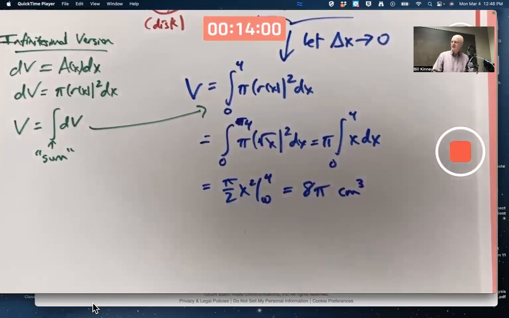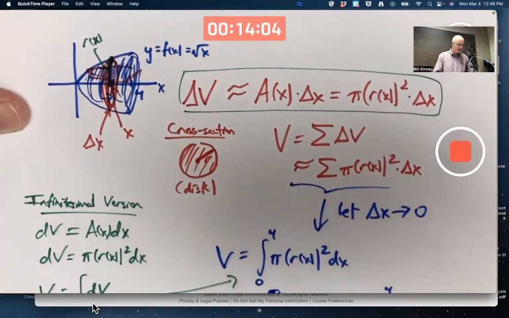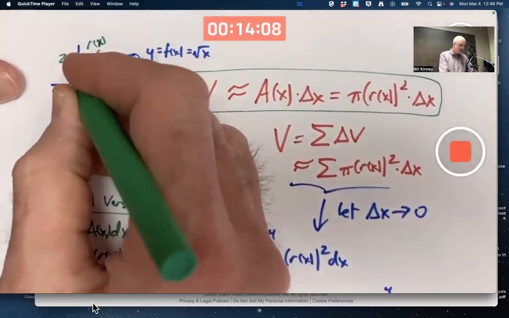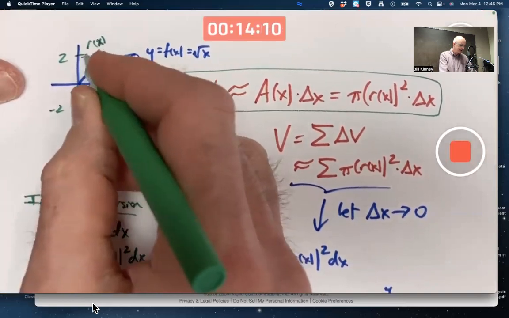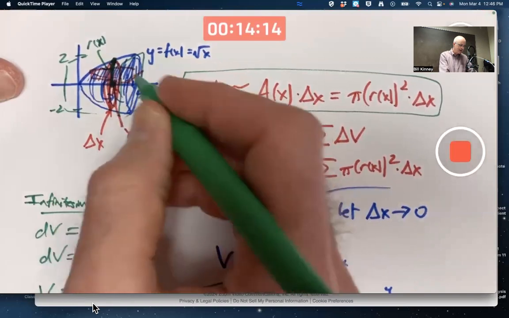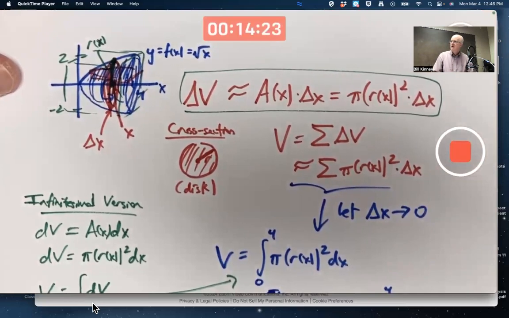Is this a reasonable answer? Something close to 25? Well, if you put this in a 3D box, which I'm not trying to draw here, of side lengths 4, 4, and 4, the volume of that box would be 4 cubed, 64.